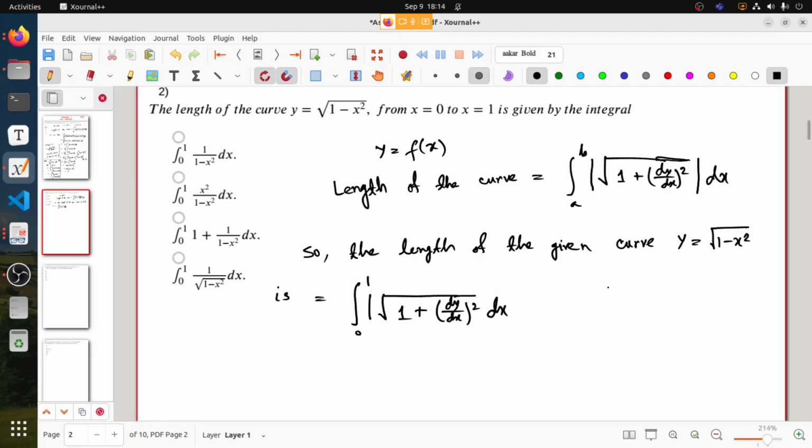So just find what will be dy by dx, where y is square root of 1 minus x square. What will be dy by dx?